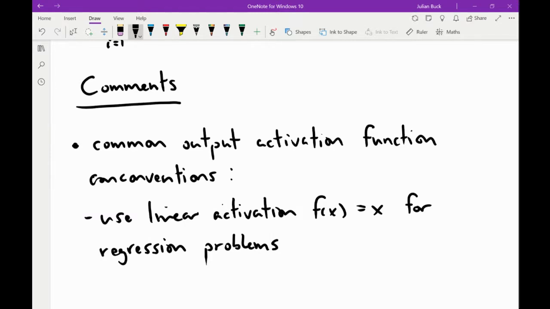Right? It's perfectly reasonable. Like if your algorithm is predicting the value of something, it could be negative, right? You could lose money. That's not impossible, obviously. So having negative outputs makes sense at that step.